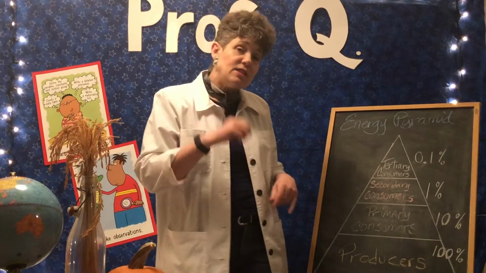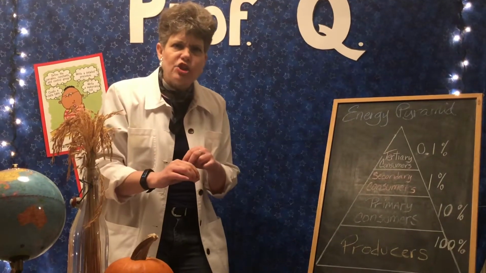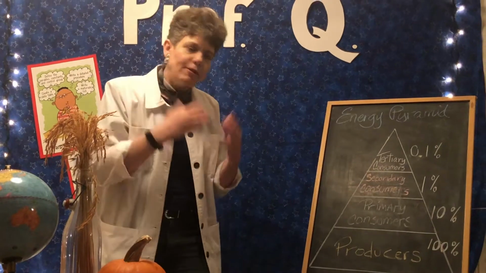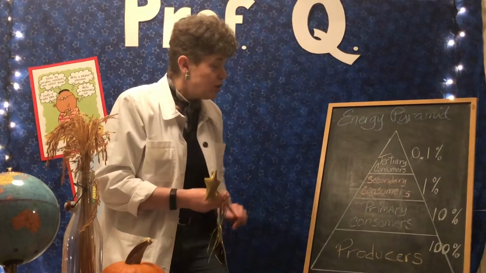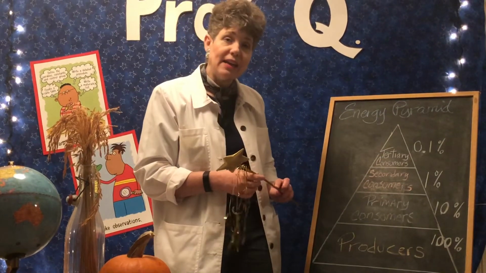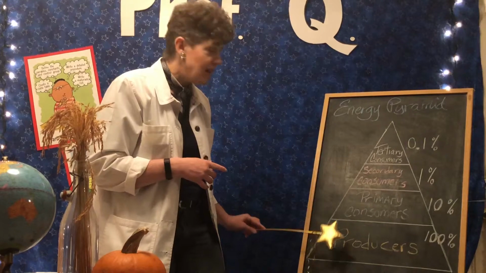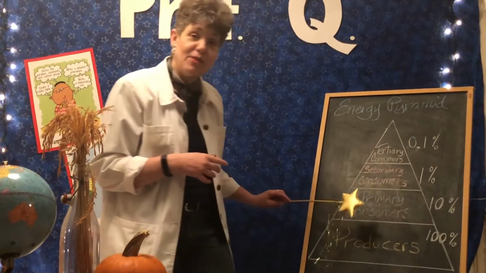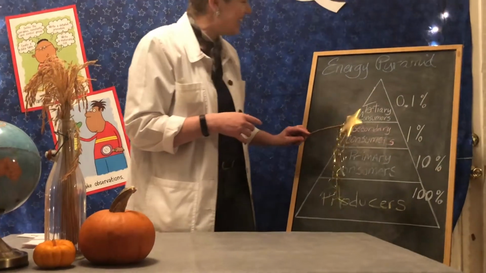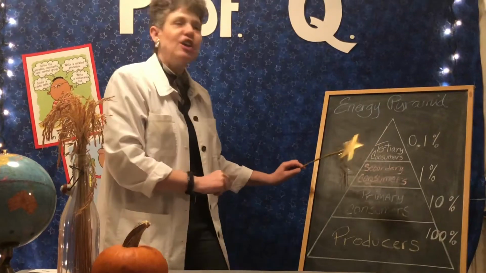And let's talk about the flow of energy. That flow of energy is very key in the energy pyramid. I'd like for you to take your attention to these particular numbers on the right-hand side. Well, we have 100% for the producers. Then we have 10% for the primary, 1% for secondary, and 0.1% for the tertiary.